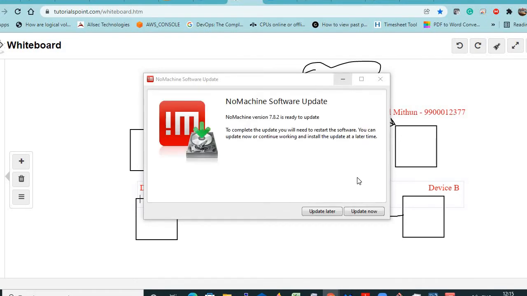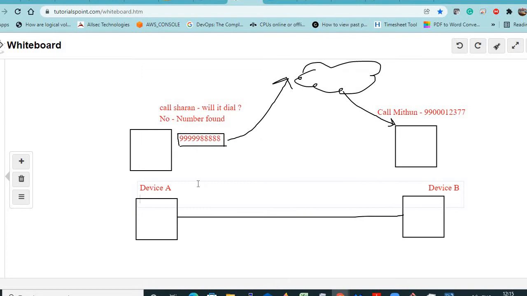Now, an IP address will have a format of what? A dot B dot C dot D, and /X. Similarly, even the other device will have an IP address. It can be like E dot F dot G dot H /Y.